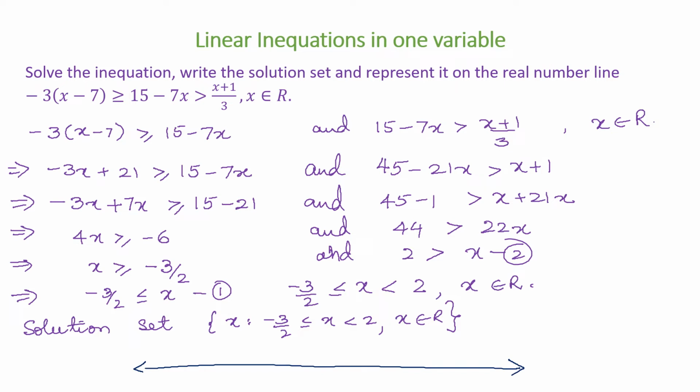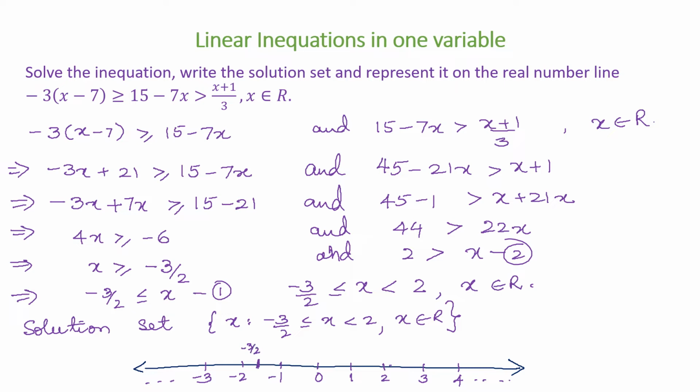Since I have minus 3 by 2, which is going to be minus 1.5, and I have 2 over here, I will go from 0, 1, 2, 3 and 4 should be enough, and on the other side I'll go to minus 1, minus 2, minus 3, that is enough. So minus 1.5 is over here, this is minus 3 by 2, and 2 is over here.